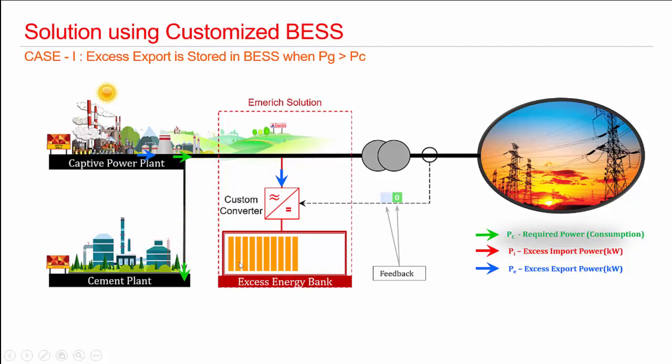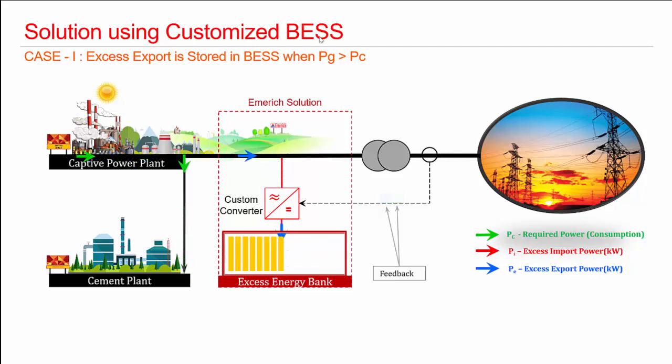Now the question is, in normal cases, where a battery energy storage system is available, how and where is it used? It is used only for stability at the grid level. With the same system, we have to customize it to our advantage, to save and use the excess energy of the cement plant with the captive power plant.